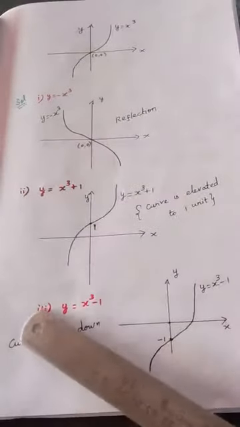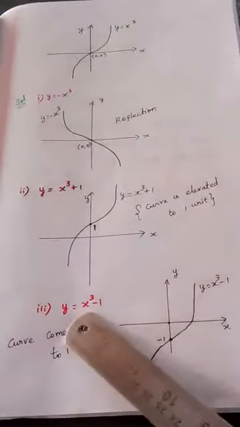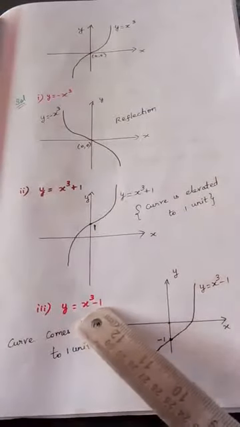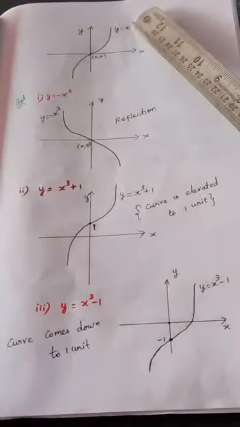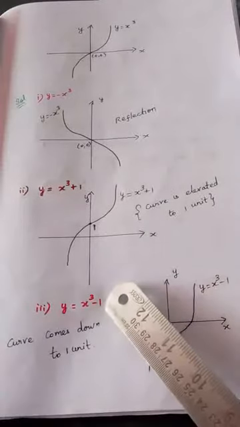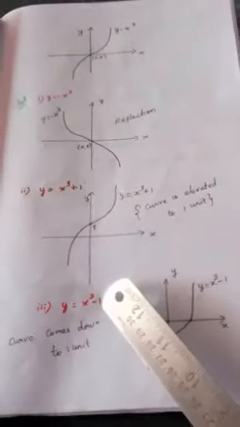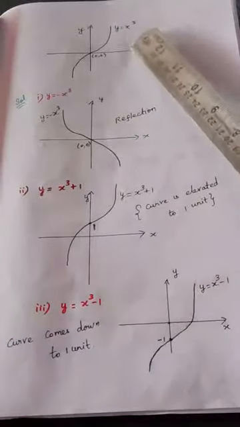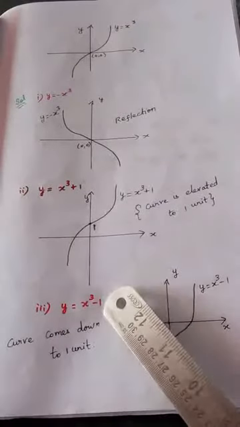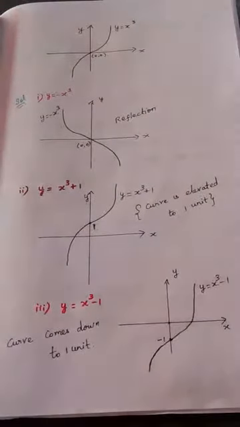If you see the third subdivision, y is equal to x cube minus 1. See the difference: y equal to x cube, and here y is equal to x cube minus 1. Can you identify the difference? This is x cube, this is x cube minus 1. What is the reason? The y value is reduced by 1 here.